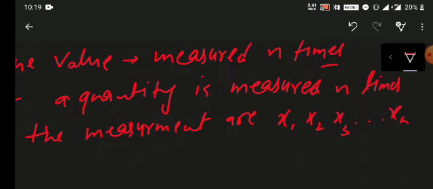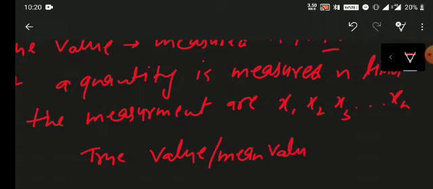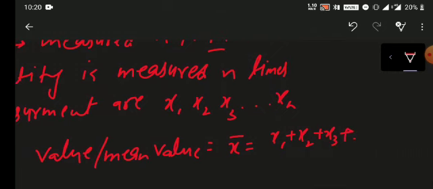How can you find the true value? The true value, or mean value, that is the average value, is determined by x bar equal to x1 plus x2 plus x3 and so on, upon n. This is the formula of the true value.